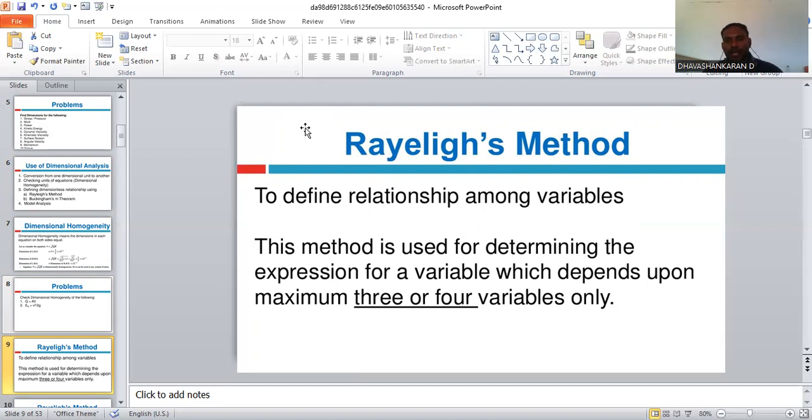Beyond 4, we cannot use Rayleigh's method, and under that situation we move to Buckingham's pi theorem.